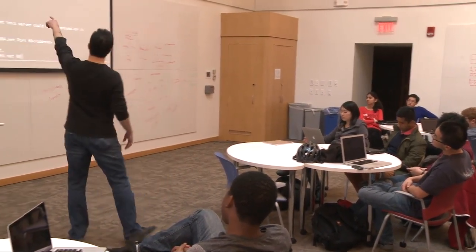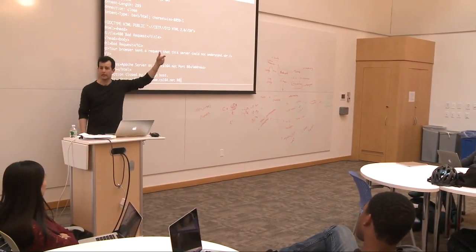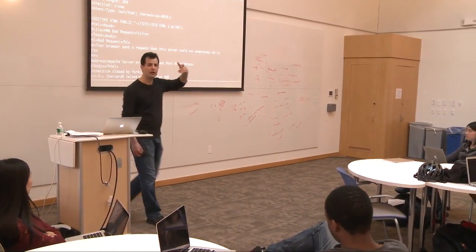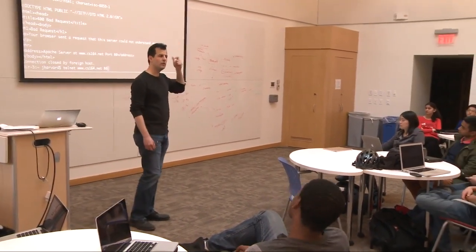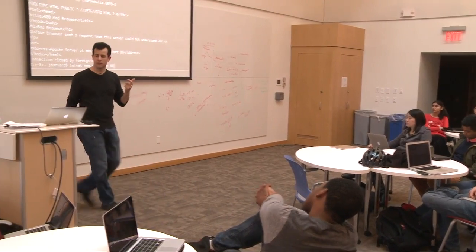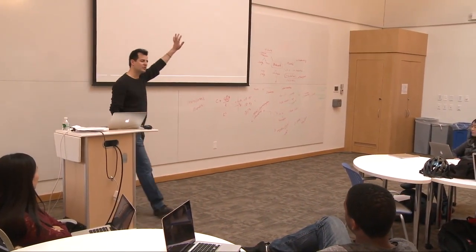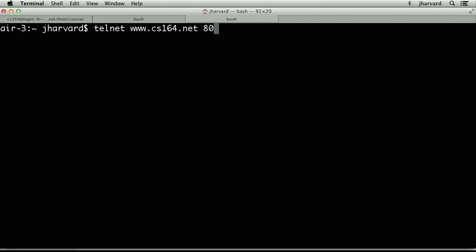But the catch is, the connection I just made using Telnet, specifying port 80 to www.cs164.net, I made no mention of the domain name that I was interested in beyond the command line. And unfortunately, and this is a little non-obvious, as soon as I hit enter, essentially Telnet presumptuously is converting www.cs164.net for me to an IP address and then just sending my raw GET request to the server.